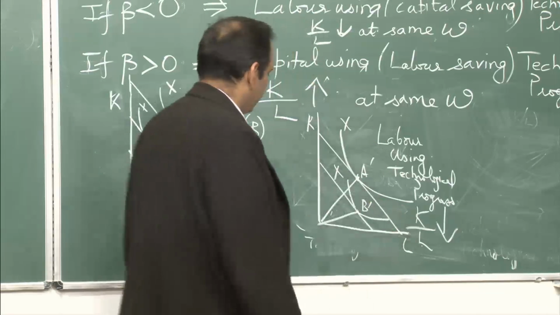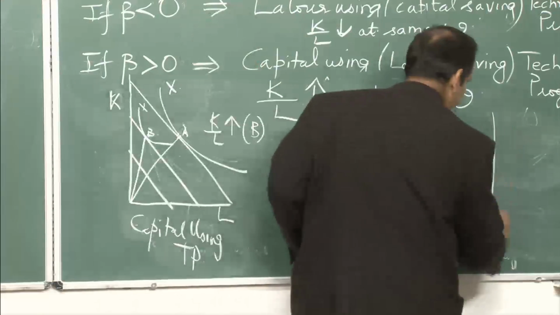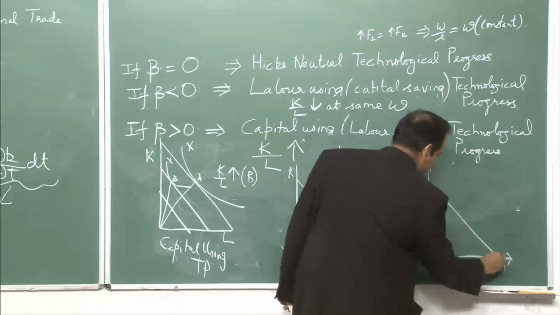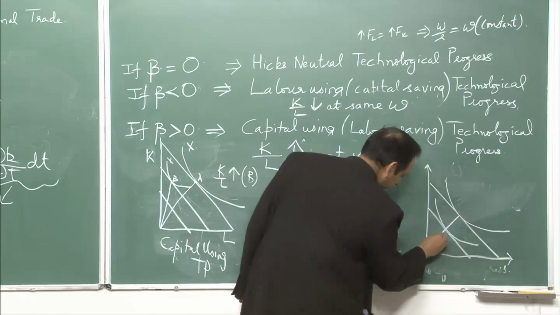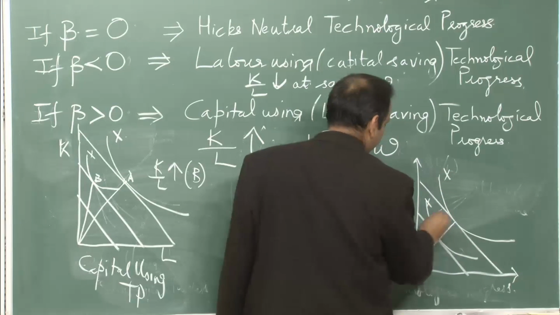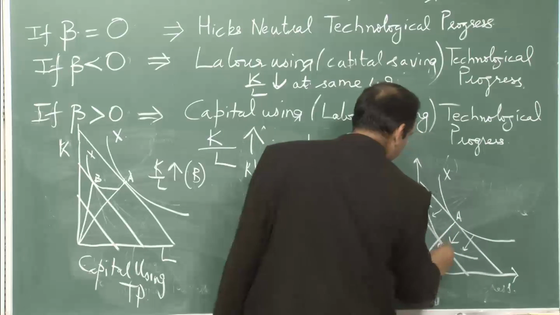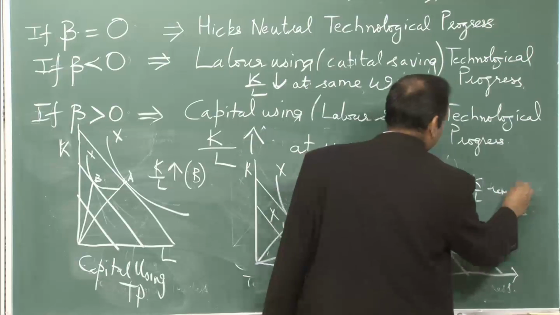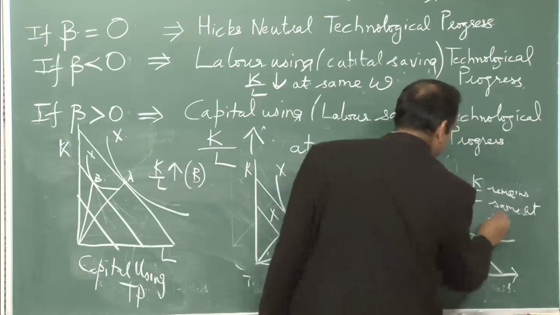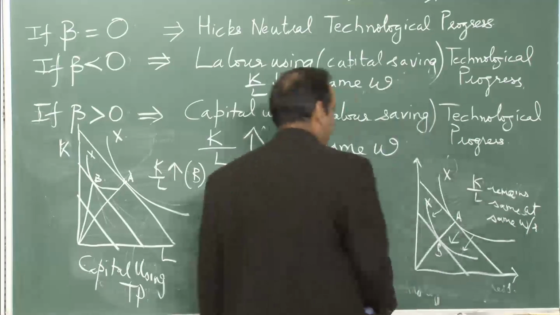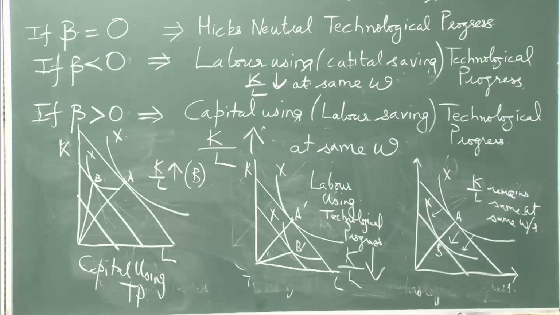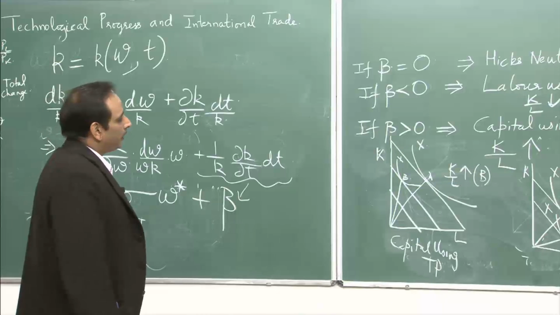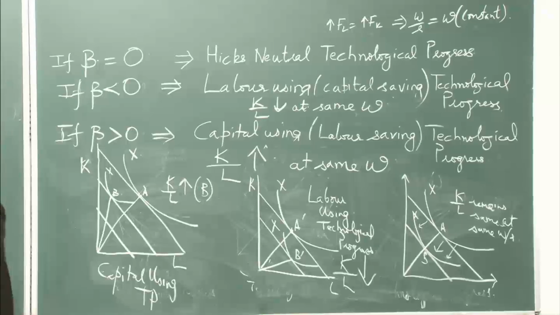And then for Hicks neutral technological progress, the K by L ratio remains the same at the same W by R. So, you can define technological progress when the relative wage rates are the same, and you can define technological progress when the capital labor ratio remains the same.